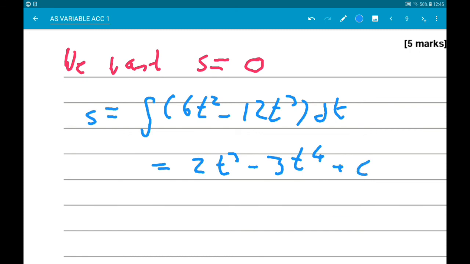Now, we know when t was 0, displacement was 0 because the particle started at O. So, when t was 0, S was 0. So that tells us c is 0.